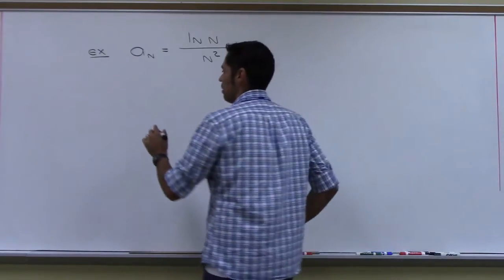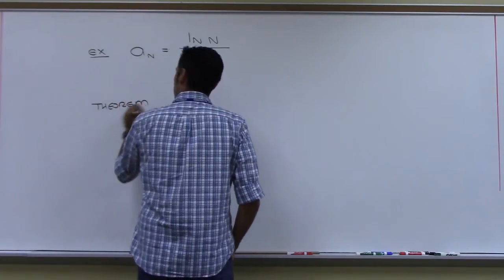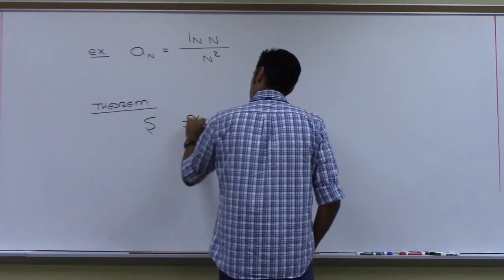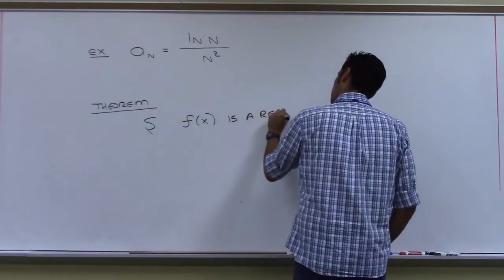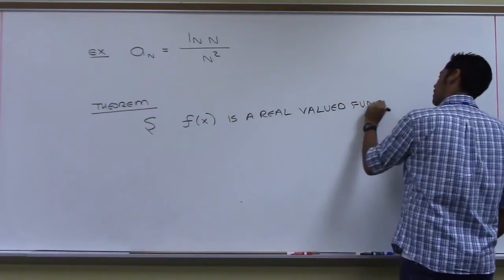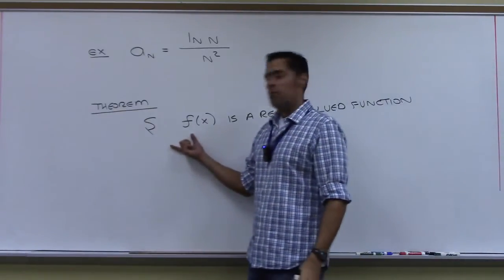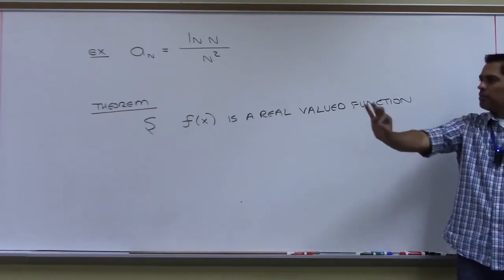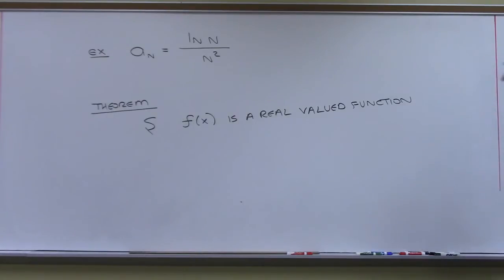So what we have to do is have a theorem first. There's a theorem that says the following. Suppose f of x is a real valued function. What do I mean by that? I'm looking at a function where x takes on real numbers, so now I've got a nice traditional graph of a function instead of all the dots.